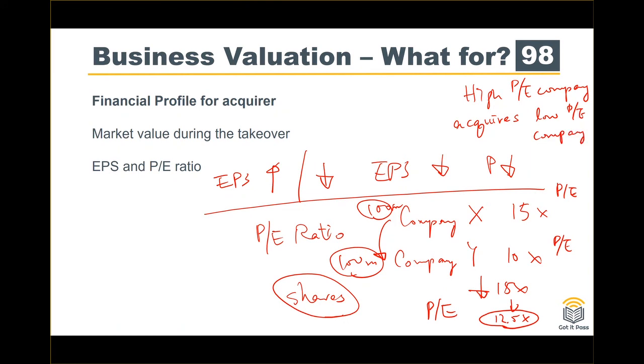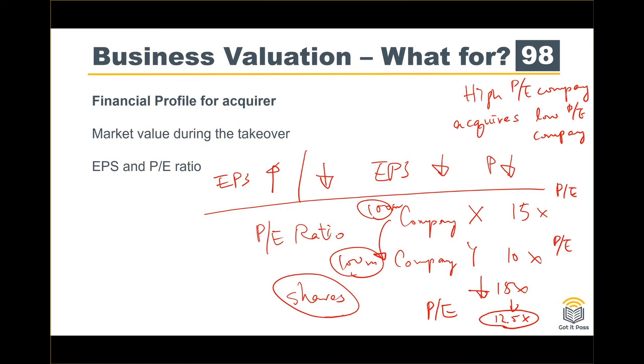But in the opposite case, a low PE multiple company finds it difficult to acquire a high PE multiple company. If company Y announced it would acquire company X by issuing new shares, the shareholders of company Y would say, why should I pay a higher price to buy the other company?